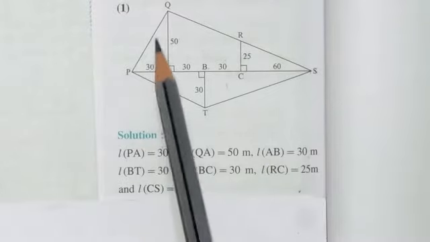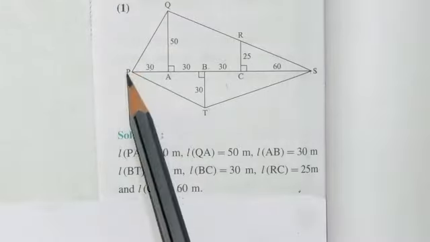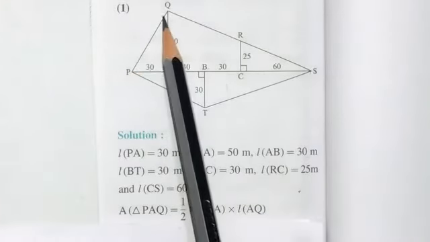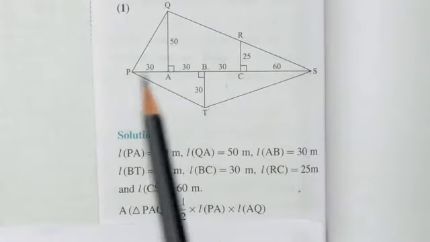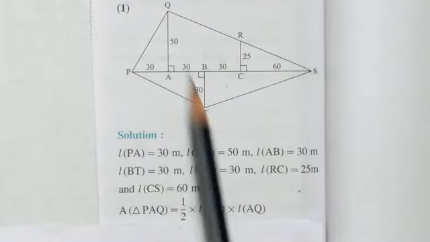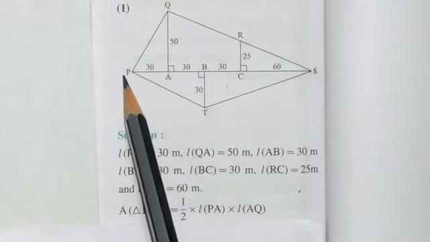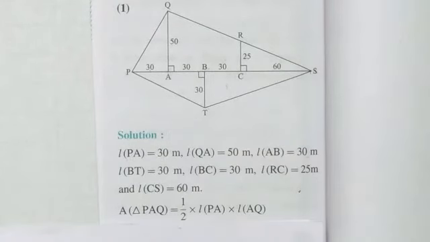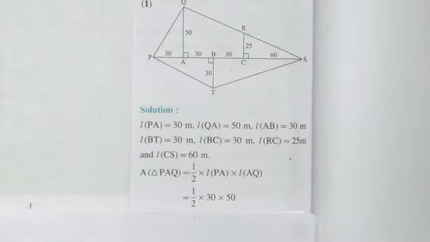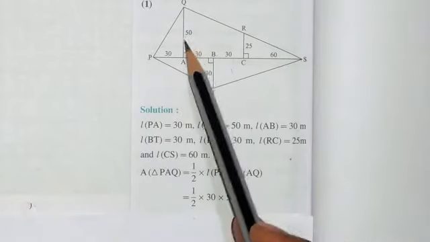Now students, we are going to think about this first triangle. Yes, so the area of triangle PAQ is equal to 1/2 into length of PA multiplied with the length of AQ. It means area of this triangle is equal to 1 upon 2 into base into height. So let's put the figures into the formula. That is 1 upon 2 into 30, which is our PA, multiplied with AQ, 50 meter.